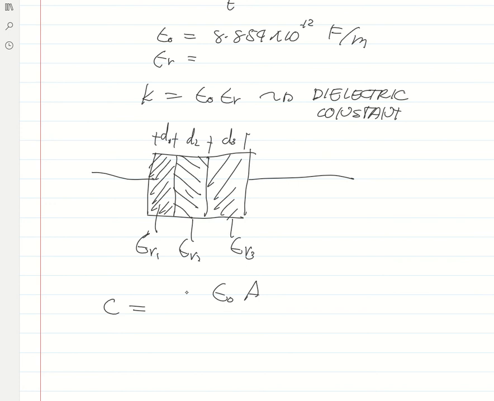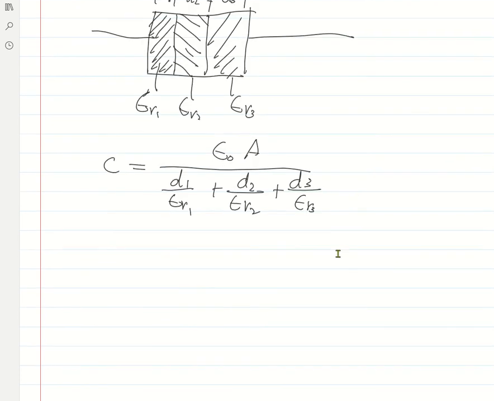The only difference is that it uses different dielectrics. This will be equal to the first thickness divided by its permittivity, D1 over epsilon R1, plus D2 all over epsilon R2, plus D3 all over epsilon R3. So if you have more than 3, you just add them here at the denominator of the formula.